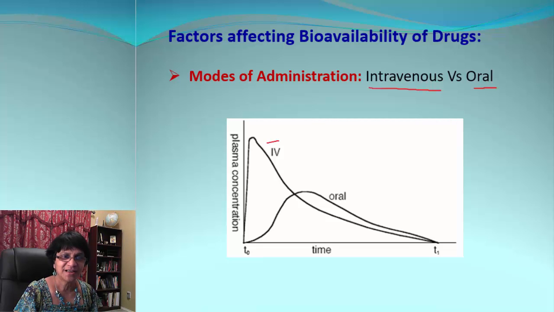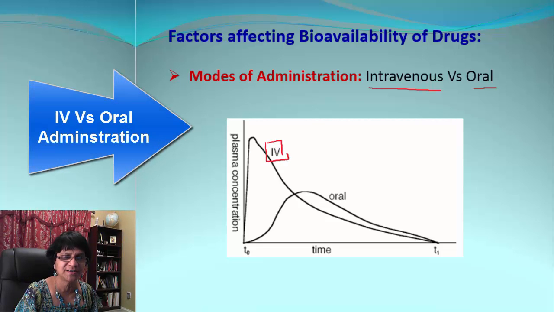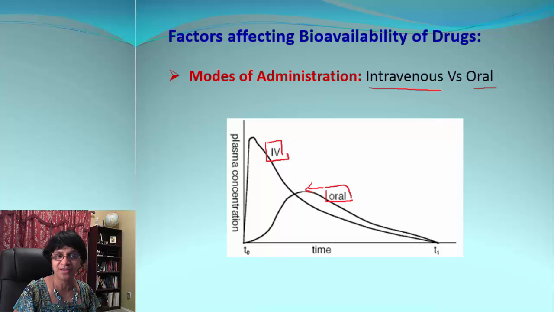Look at this graph. The graph over here is IV and the one with the lower hump is the oral one. On the y-axis we've got plasma or blood concentration and on the x-axis we've got time. So look at this. Within hardly any time, IV gives maximum absorption in blood.